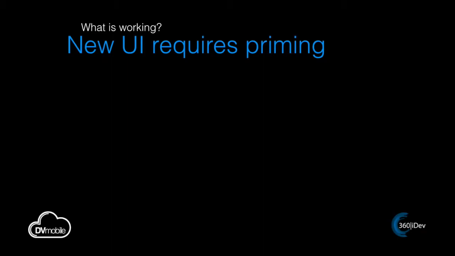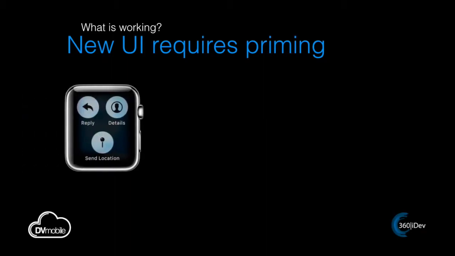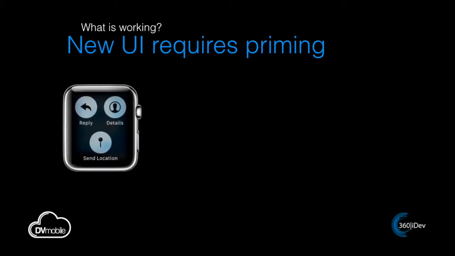A couple of areas that I suggest require priming. What I mean by priming is you're going to have to essentially train the user on this a little bit. Eventually they'll figure this one out, which is force touch. Force touch is not a feature that we believe is very obvious at this point.